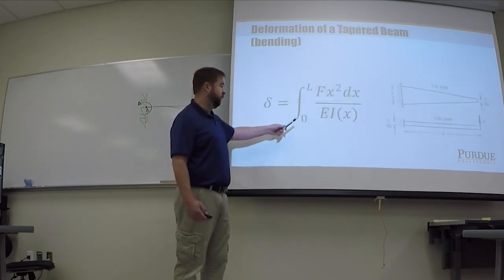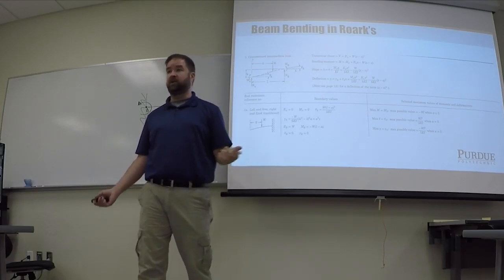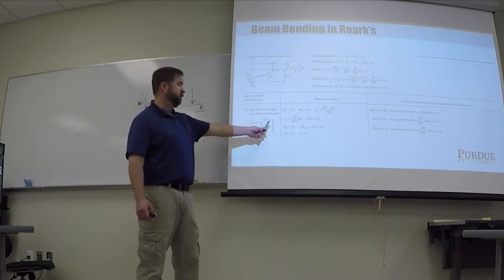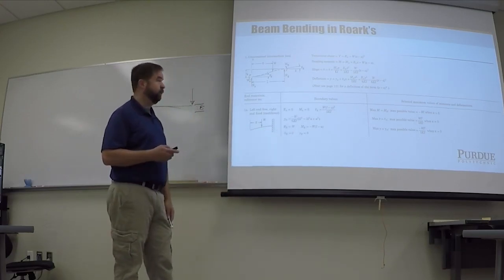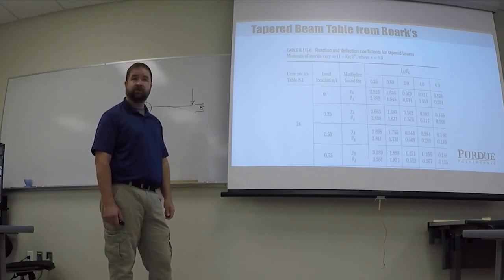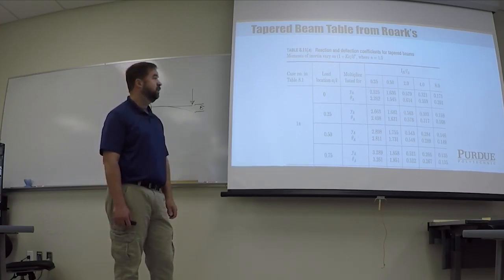Okay? So this equation is just a little more generic in that I can have it where my force is not on the very end of the beam. But this is basically the equation that comes out of your 211 book. And then there are tables that give you correction factors if you have a tapered beam.